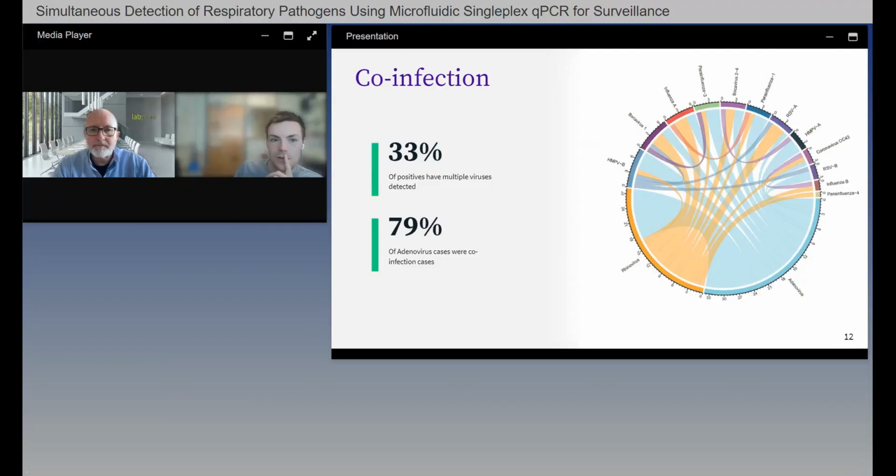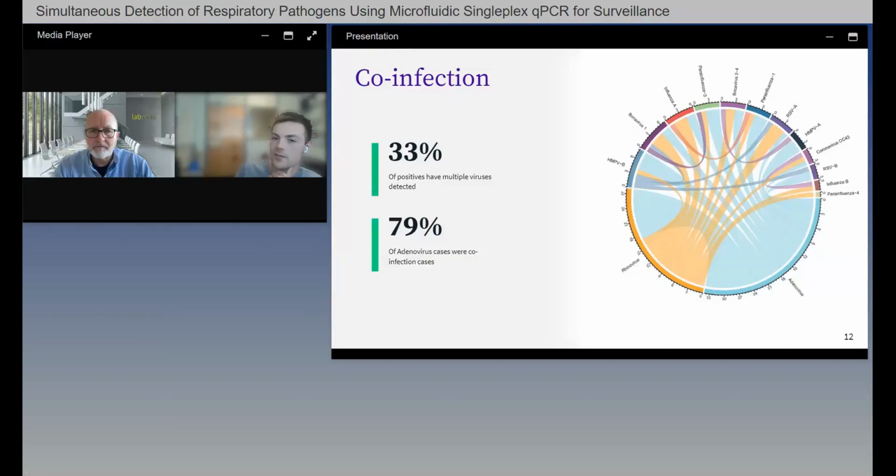A few of the interesting insights we got from this test was co-infection. So a third of the positives had multiple viruses detected. So there was a lot of co-infection, generally between adenovirus and rhinovirus, so your common cold.